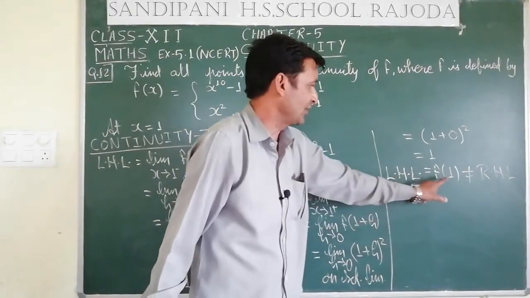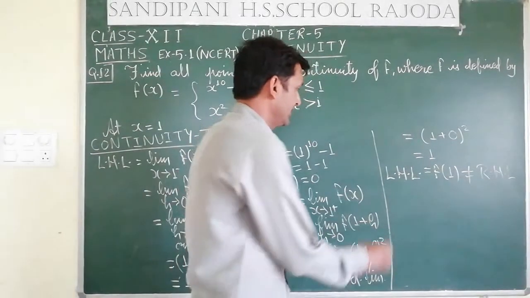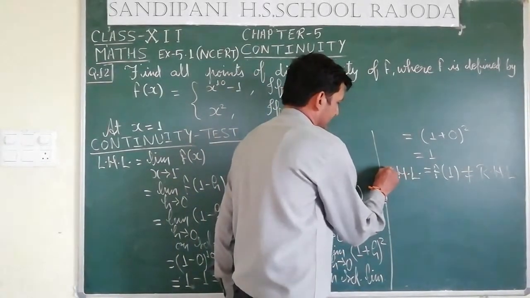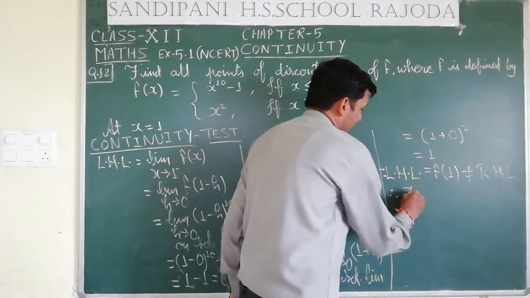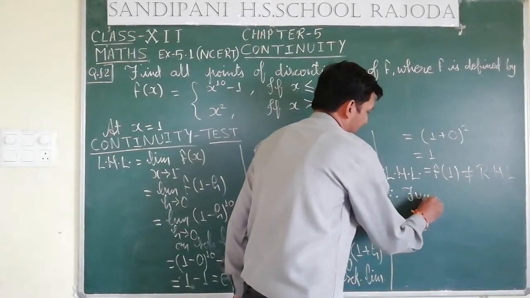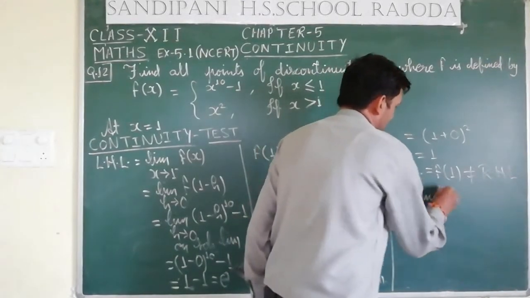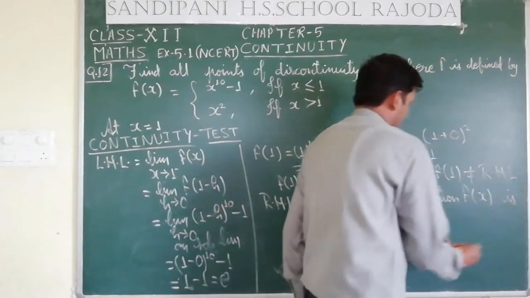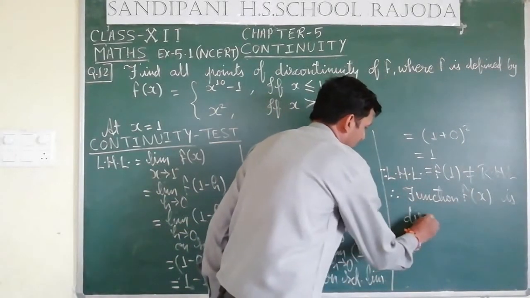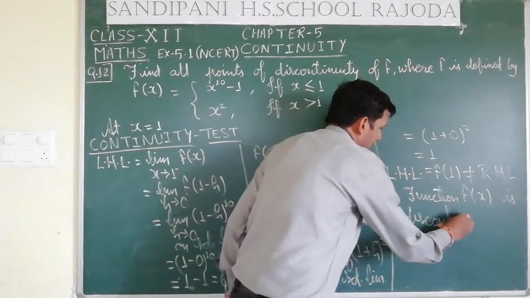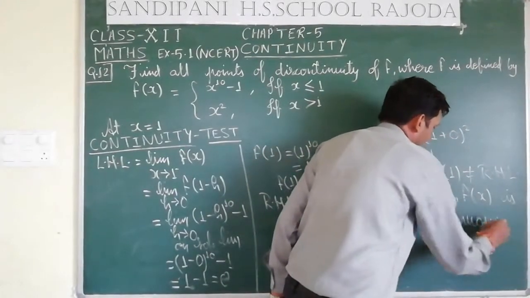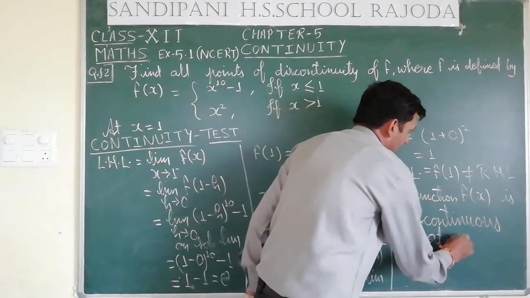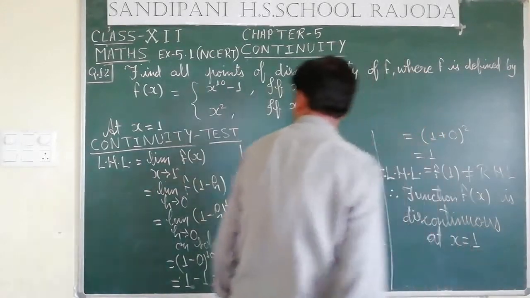Therefore, function f of x is discontinuous at x is equal to 1.